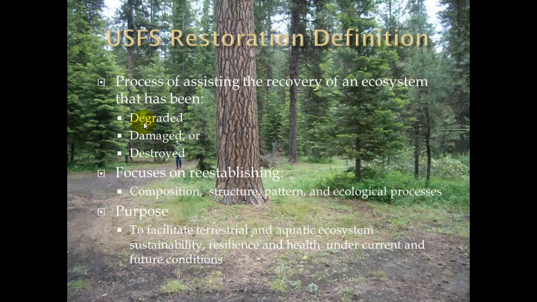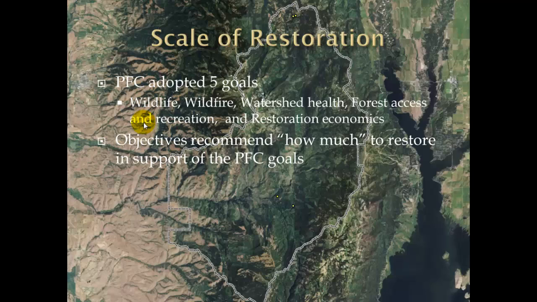And I think it's interesting to note in the definition that the purpose extends beyond considering current conditions, but also anticipating future conditions when the coalition considers the long-term sustainability, resilience, and health of the terrestrial systems. So another way to look at objectives, or to phrase objectives, is what's the scale of restoration activity?